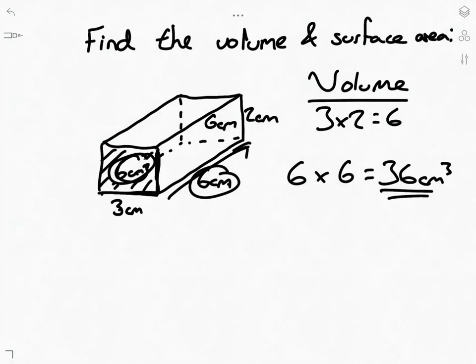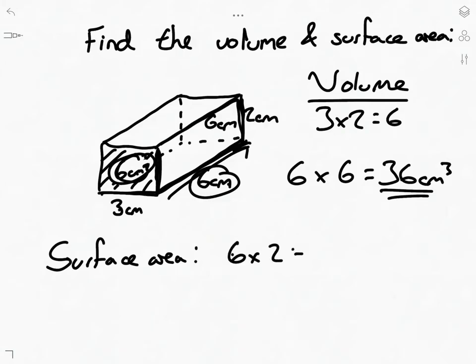So this rectangle here is 6 by 2. So let's do surface area. 6 by 2 is 18. So now this is 18, and this one here is also the same. So we've got 2 lots of 18. And then the only ones we haven't done are the top and the bottom.